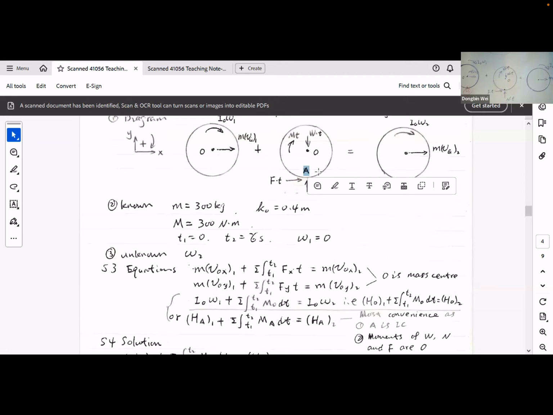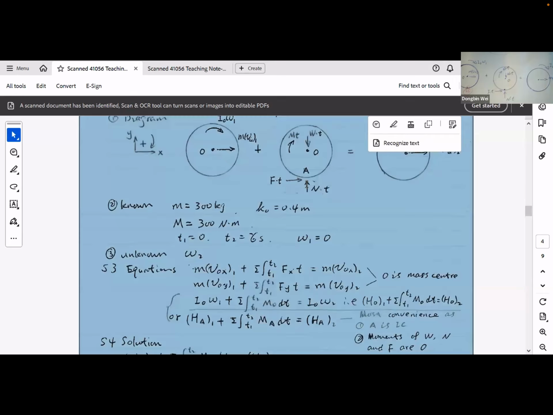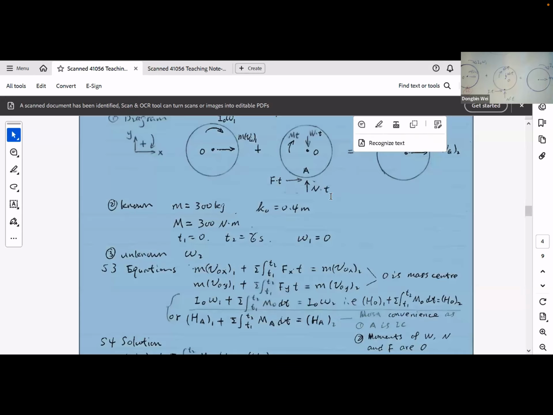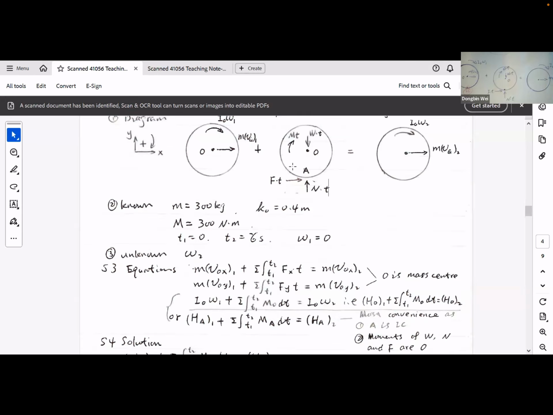Look at point O. If you select point O for your calculation, the moment arms of W and N are zero, but you should consider friction force F. But if you select point A for your calculation, what will happen?